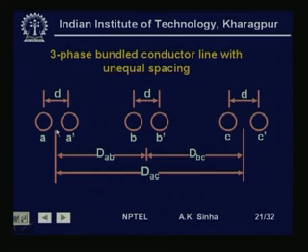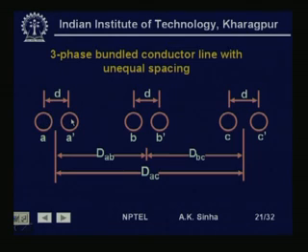That is, the distance from the center of conductor bundle A to conductor bundle B is DAB. The distance between the center of conductor bundle B and conductor bundle C is DBC, and the distance from the center of the conductor bundle A to the center of conductor bundle C is DAC.